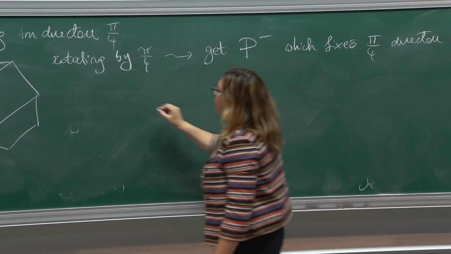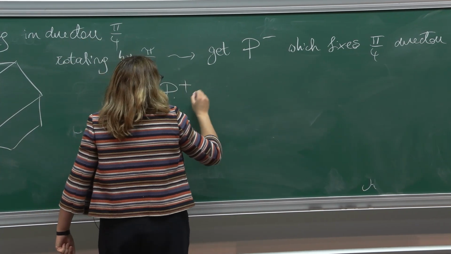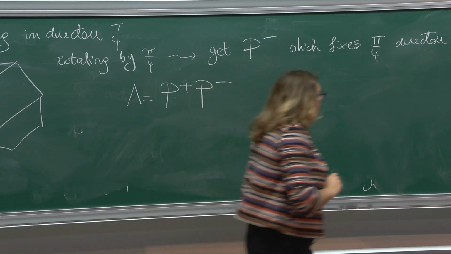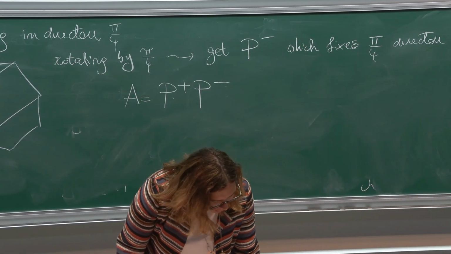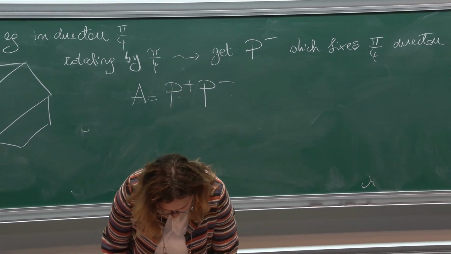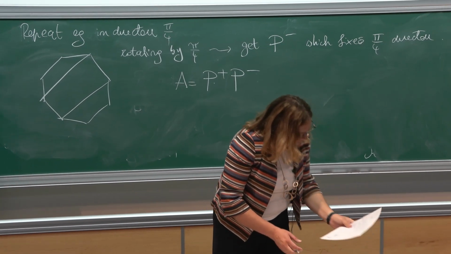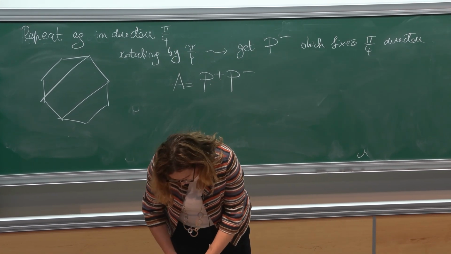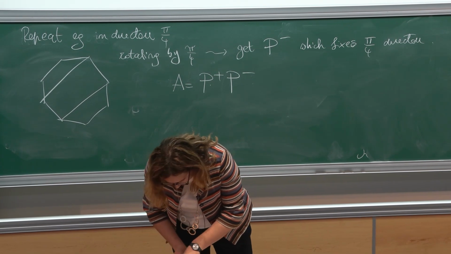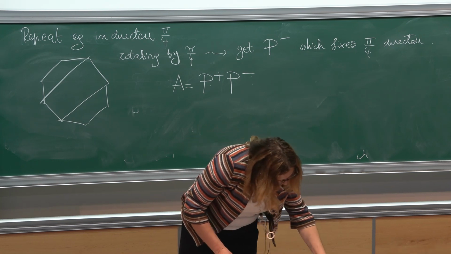And now you can take the product. I will use the same notation for the torus, P plus, P minus. So the product of these two matrices, I guess I also wrote it, but maybe we don't need it, but okay, if I find it, I write it. Where is it? Yeah, you can multiply the two matrices, I know. Okay, you get a matrix, which I don't find now, so I will not multiply the two.